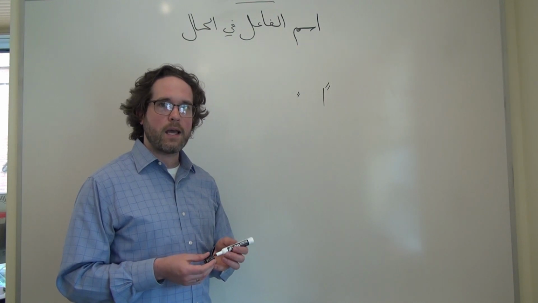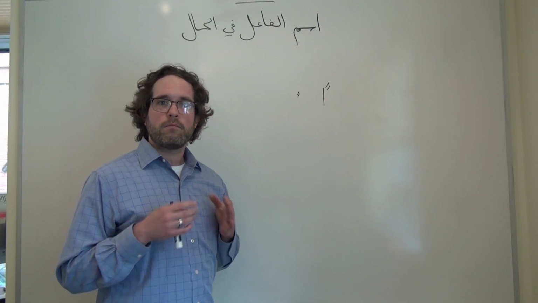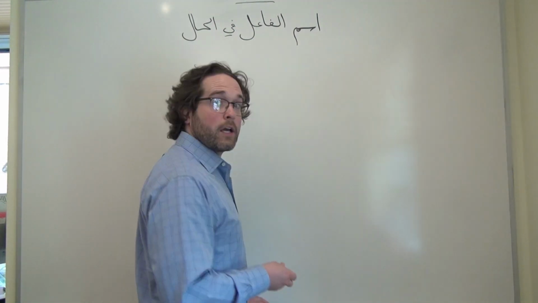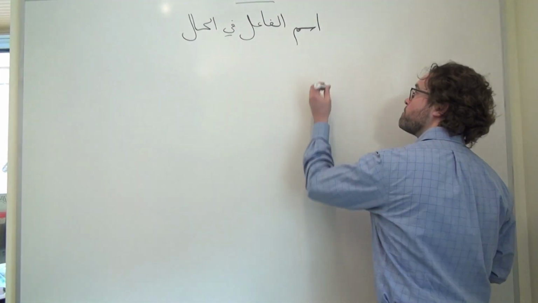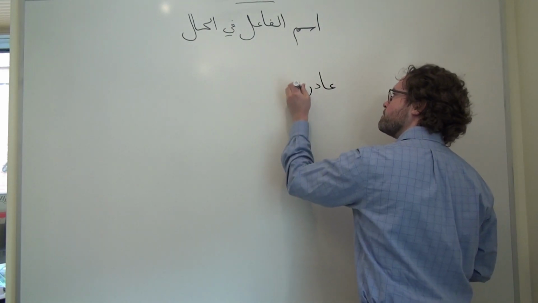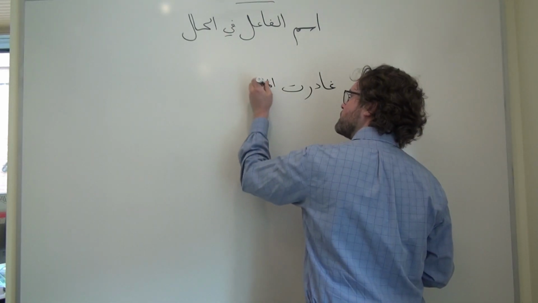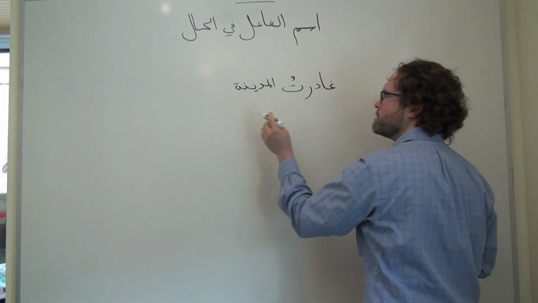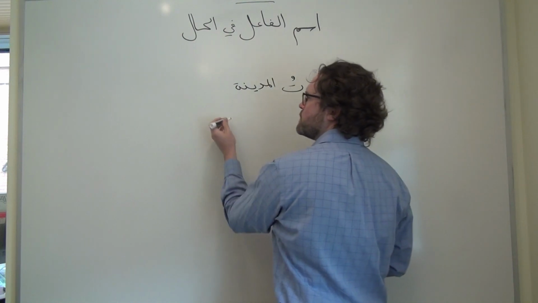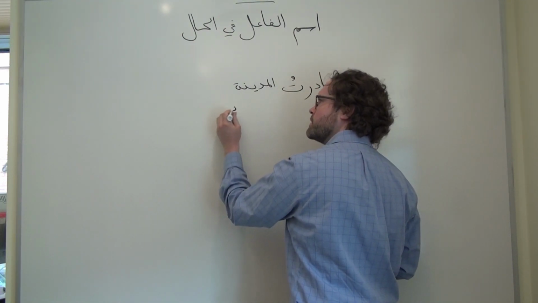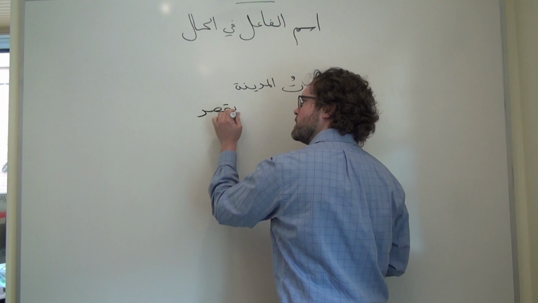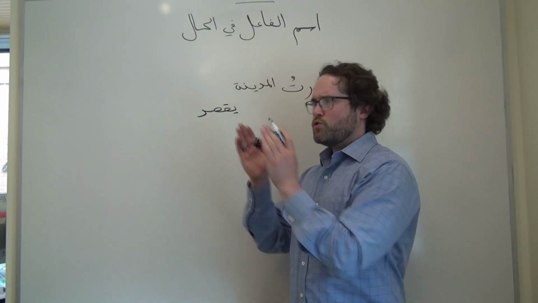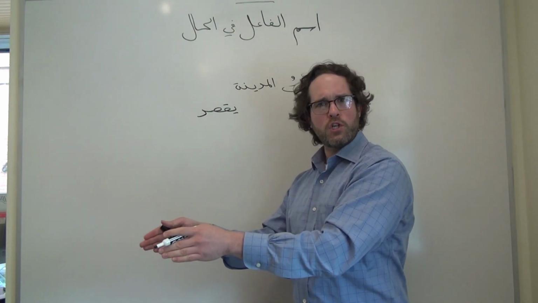If I wanted to say, I left the city heading for my family's house, I could do it like this. غادرت المدينة. And here we have a verb in Arabic, يقصد, that means to aim for, to head for in the geographical sense.